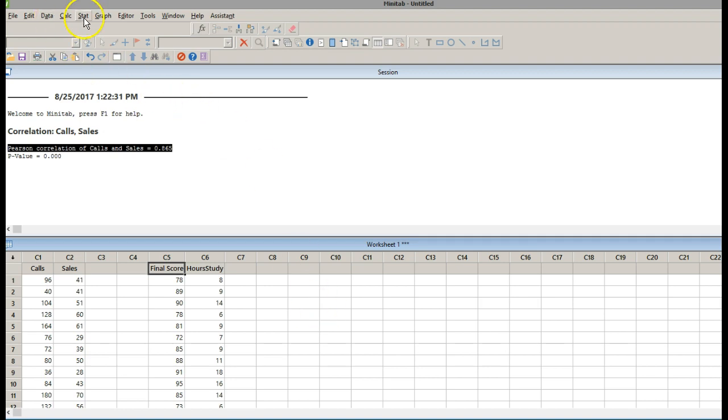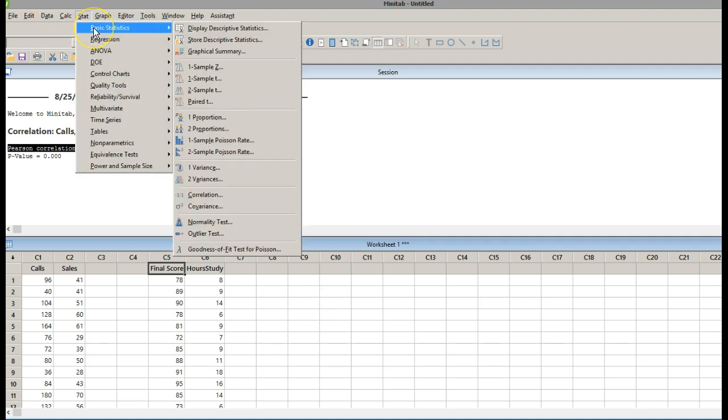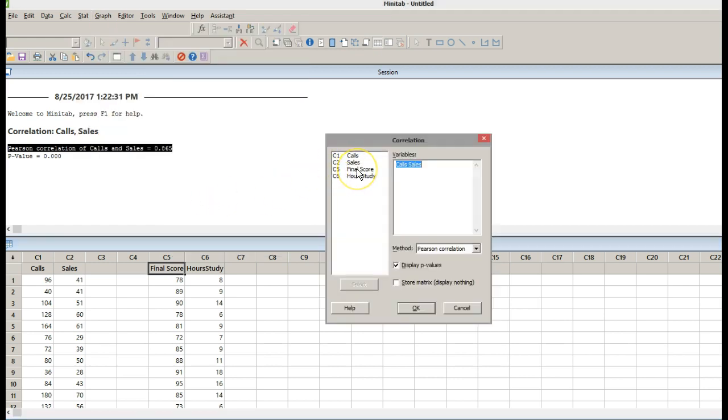So here we will go Stat, Basic Statistics, Correlation. And here we're going to select final score and hours of study because that's what we want. I went click, click, click, click, and then I said okay.